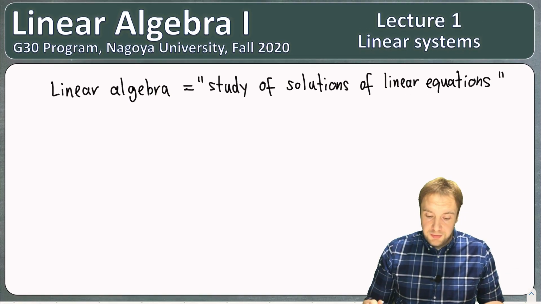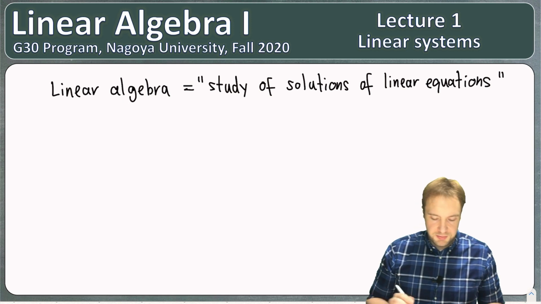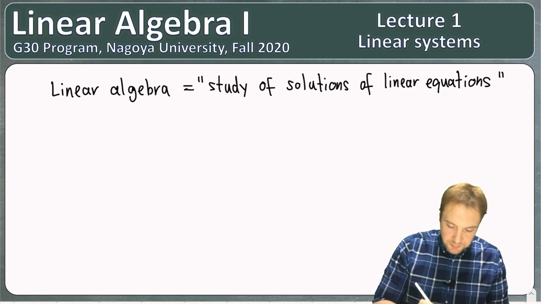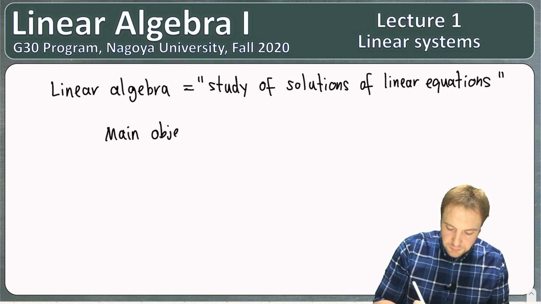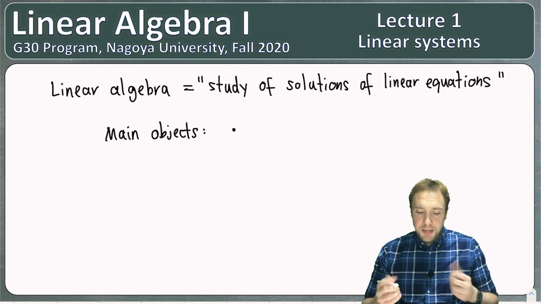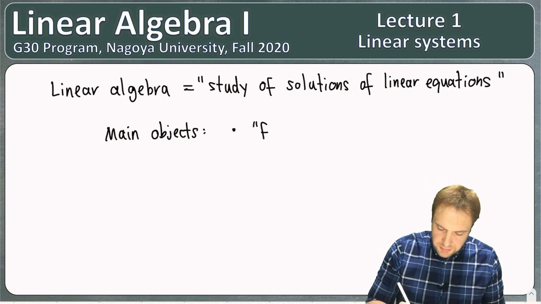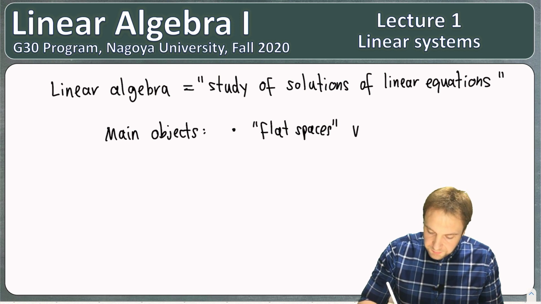But more precisely, it's not just the study of solutions of linear equations. We will be interested in two main objects. The first are certain spaces. You can think of these as flat spaces, and more precisely these are called vector spaces.